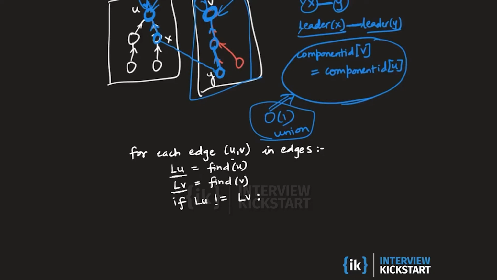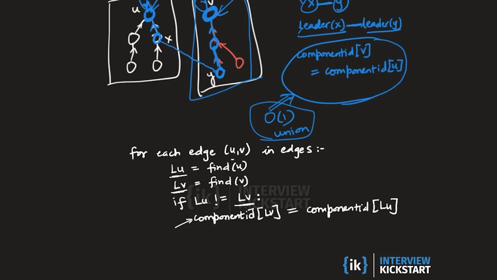Well, we will just take the component ID of LV and reset it to the component ID of LU, and this effectively does the unification between the two components.